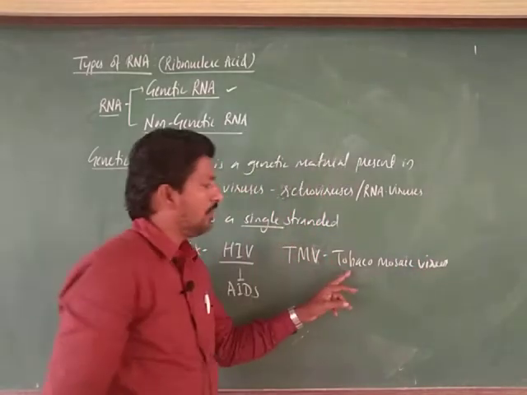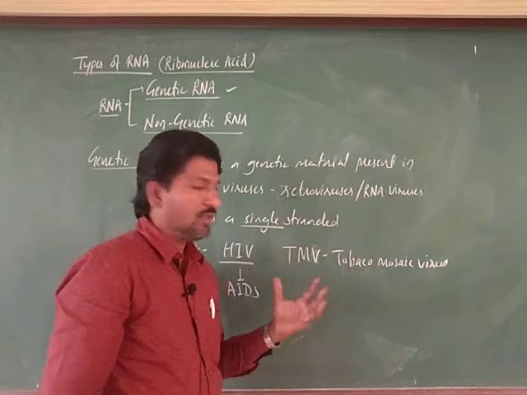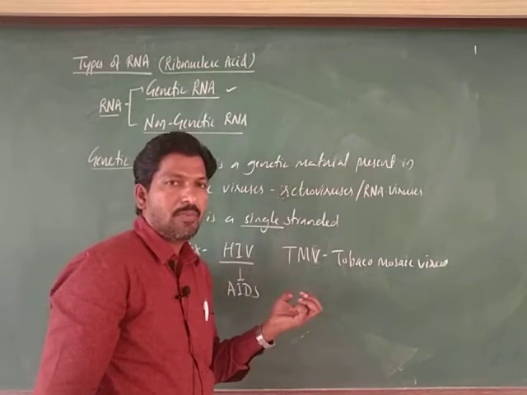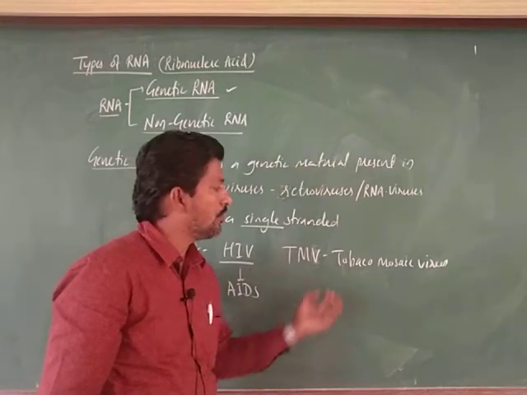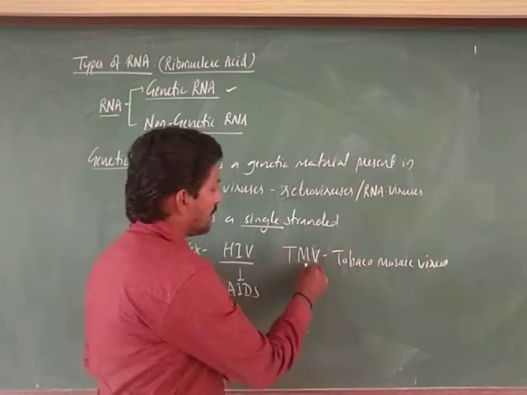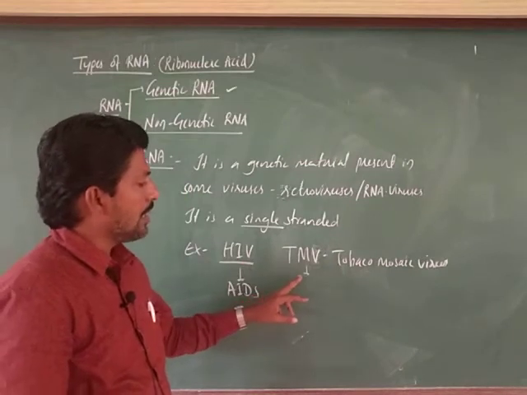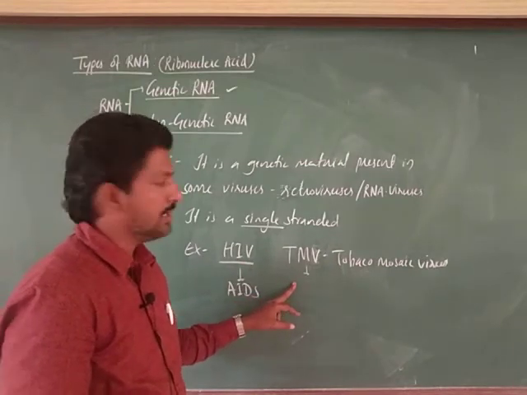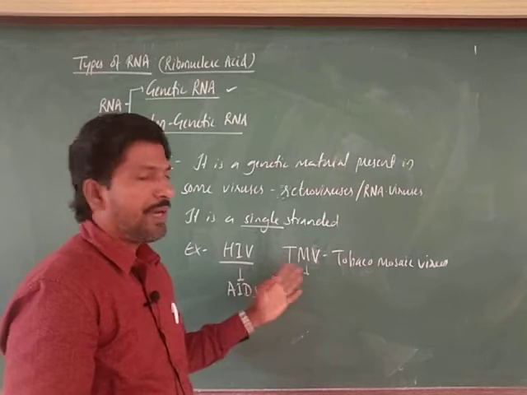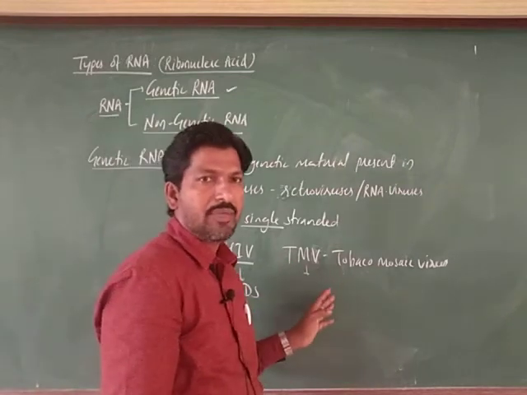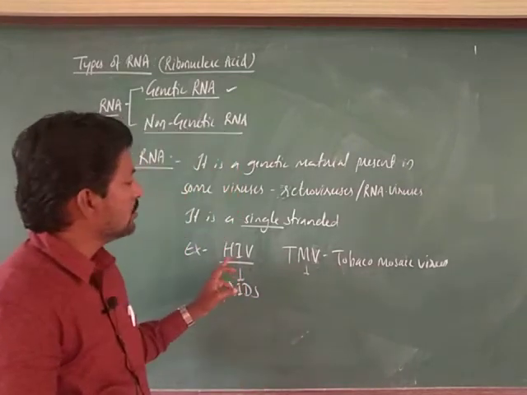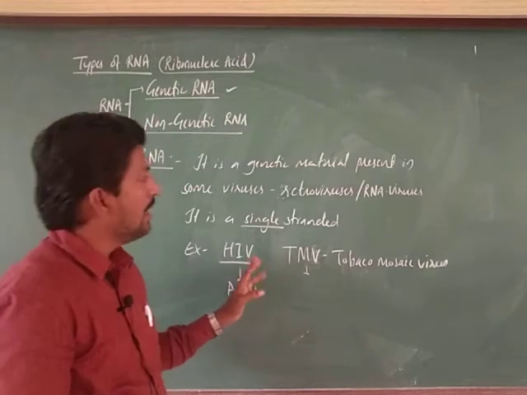If this virus affects the plant, the leaves become curly, mosaic. That is why the name is mosaic, tobacco mosaic virus. It is a plant virus which causes disease in tobacco. Papaya and so many other plants are affected by these viruses. So, these are the two examples I am giving here of RNA viruses.